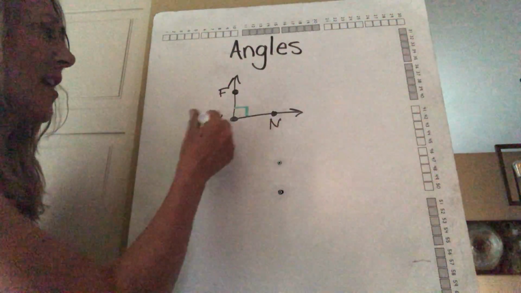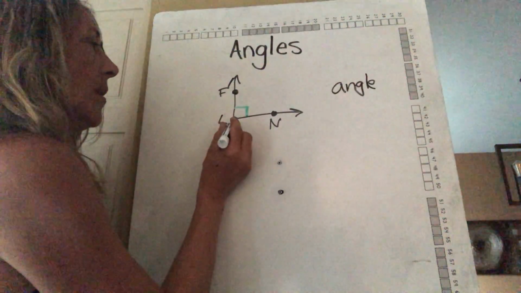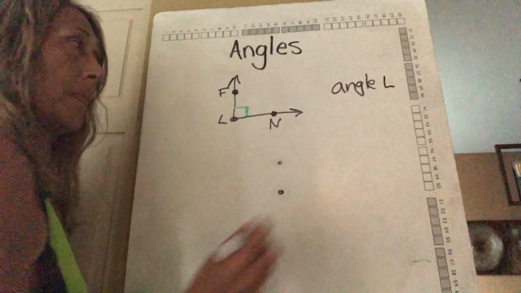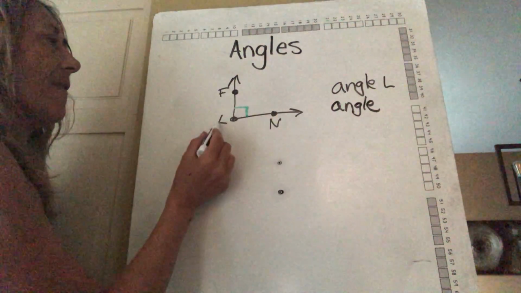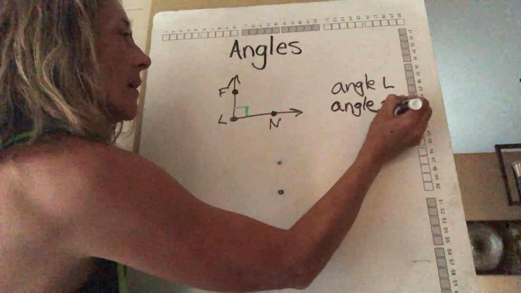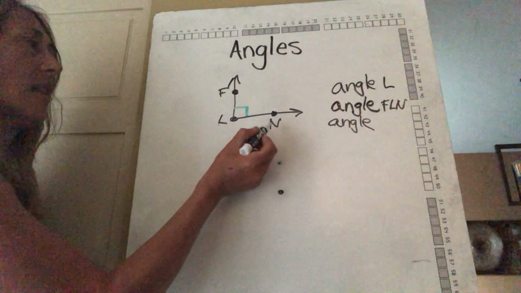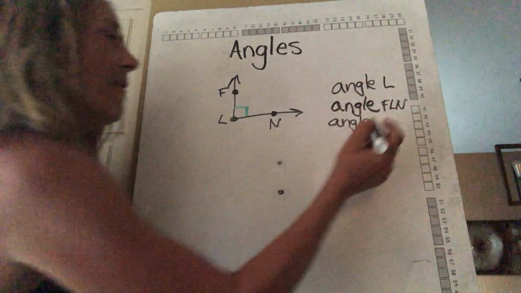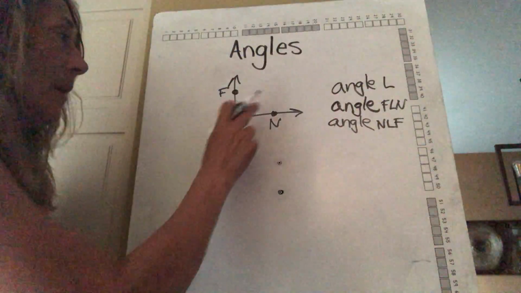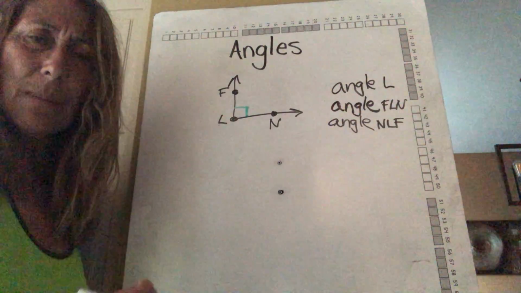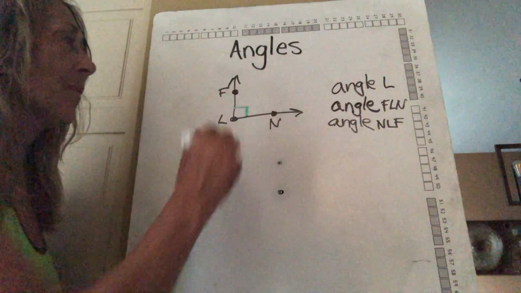So we could give this angle a name by the vertex, L. I could call it angle FLN, or I could call it angle NLF, or I could call it by its degrees, by what part, what fraction, what portion of that circle.